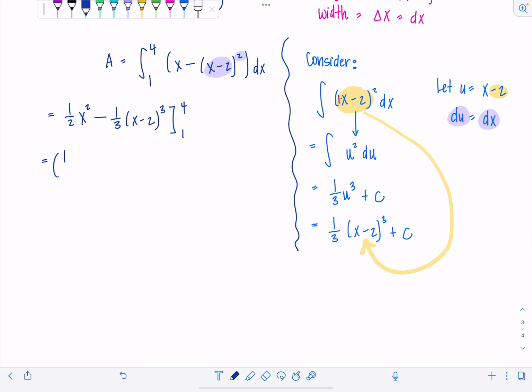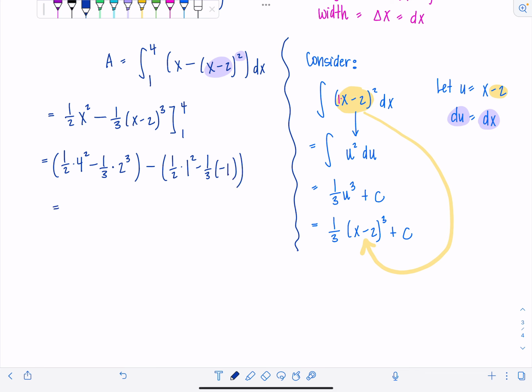Okay, now plug in your limits of integration. So we have 1/2 times 4 squared minus 1/3. 4 minus 2 is 2 cubed, minus, and then we have 1/2 times 1 squared minus 1/3 times 1 minus 2, that's -1 cubed, is still -1.